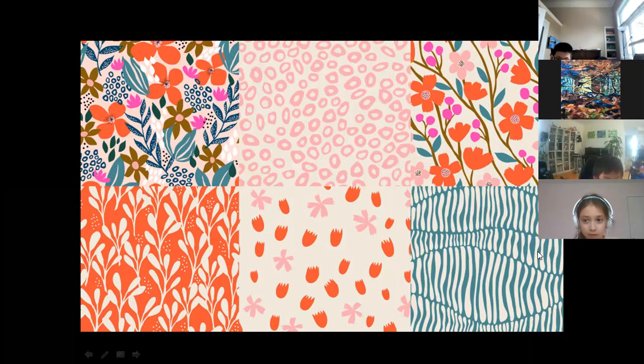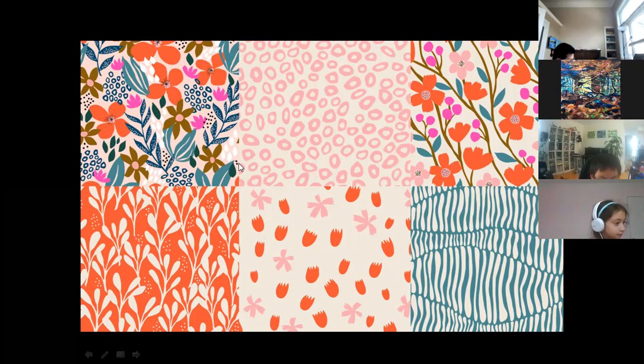a pattern design. There are many kinds of pattern designs, and today we're gonna learn the simple one. You see, on the screen we have 6 different patterns, but all of them have something in common, right? Let's see the first one. It has something in common with the rest of 5 designs.